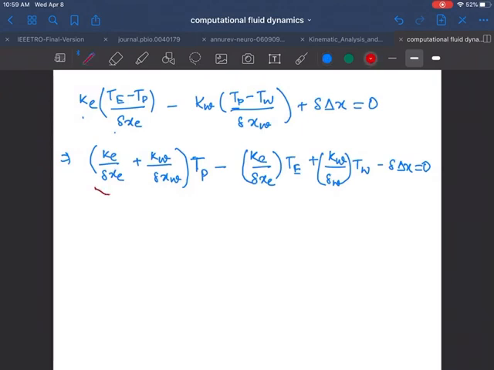Let's also assume that this particular term we call AP, this particular term we call AE at east, this particular term is AW at west, and this is my B term.